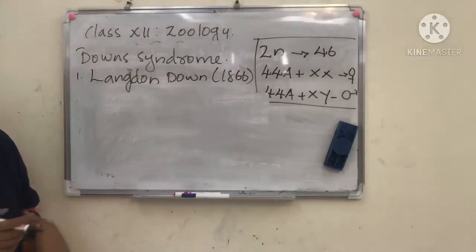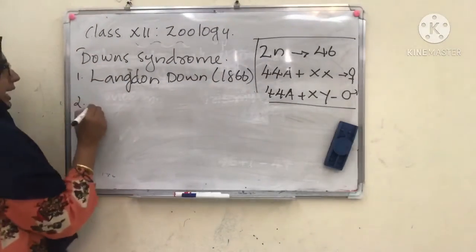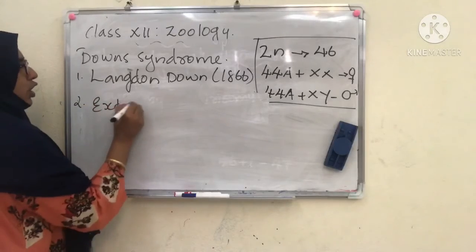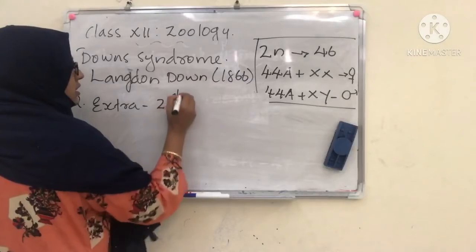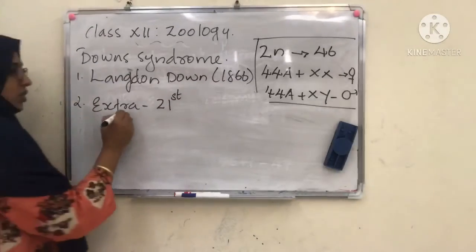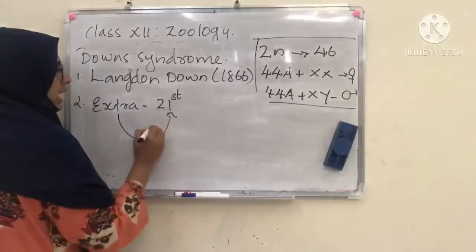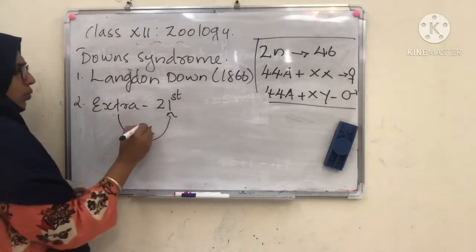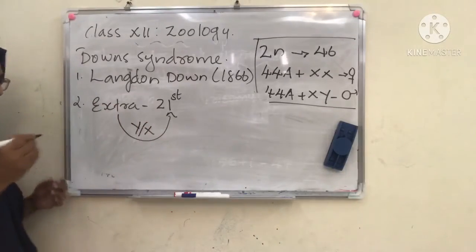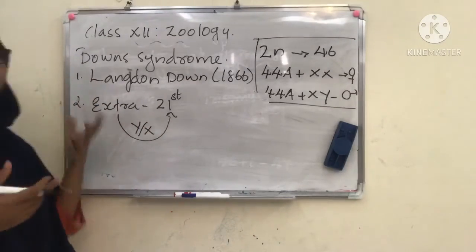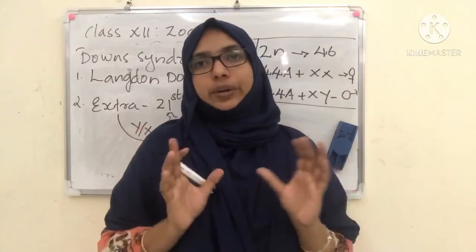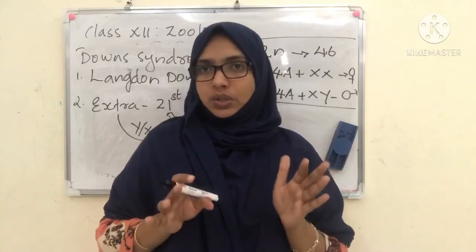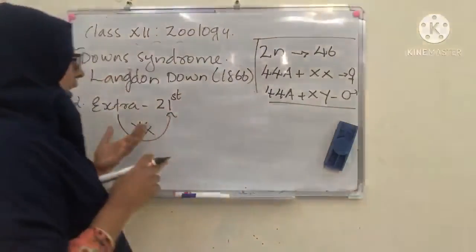Okay, here what is happening? An extra chromosome is added to the 21st chromosome. You might have seen such affected individuals in your neighborhood, isn't it? Down syndrome. They can be male or female.